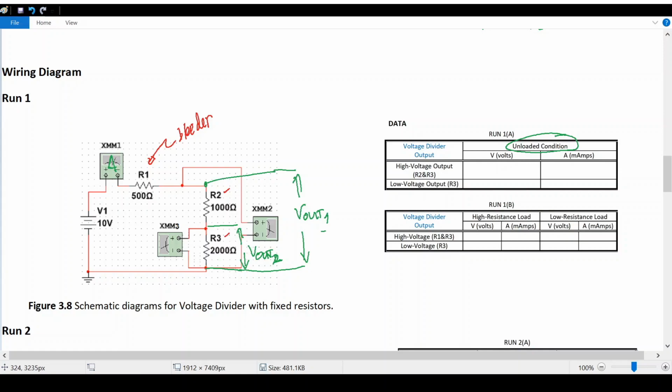This will measure the current. Here it will measure the V out. This is a voltmeter V out 1, and this will measure V out 2.